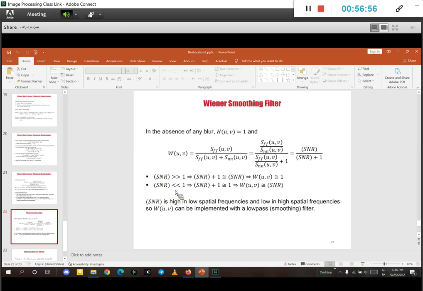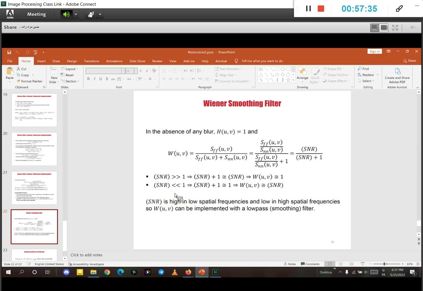But if the system was very noisy, W is SNR. If the system was good, a good Wiener filter is 1. If we have some noisy picture with very low SNR, a good estimation for a good Wiener filter is SNR itself.